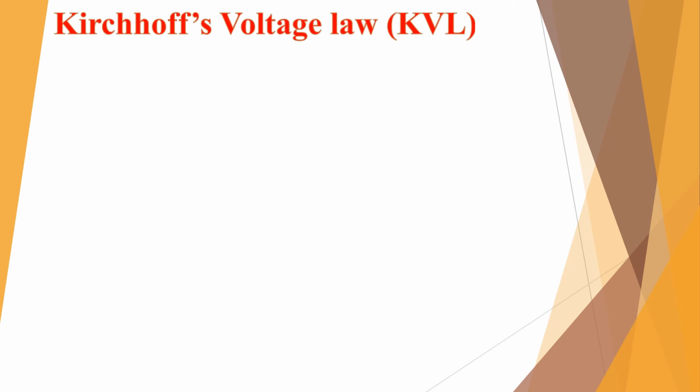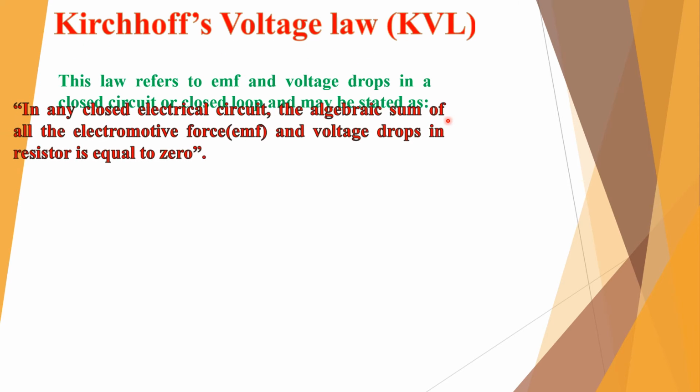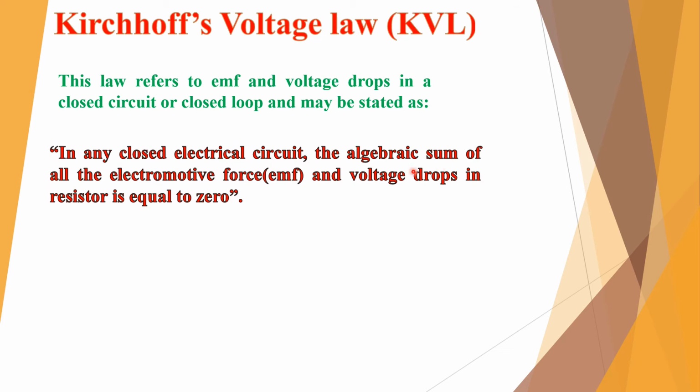Kirchhoff's voltage law, or KVL. This law refers to EMF and voltage drops in a closed circuit or closed loop, and may be stated as: in any closed electrical circuit, the algebraic sum of all the electromotive force, EMF, and voltage drops in resistors is equal to 0.